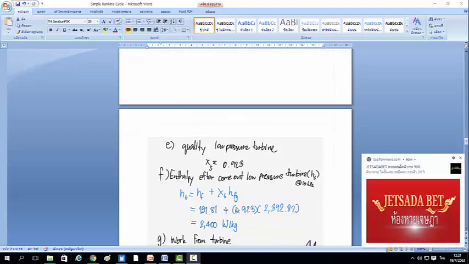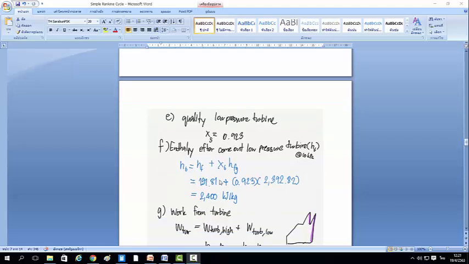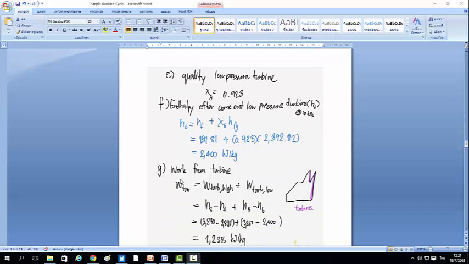So you just calculate SF plus x6 times SFG, that equals S5. You can open the table at 10 kilopascal in table A4, and then you substitute and get this value.